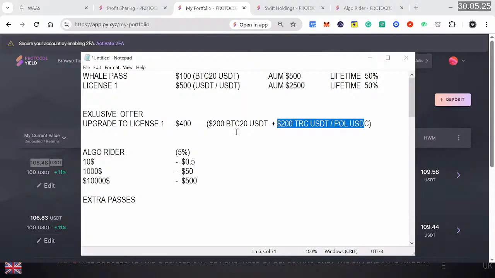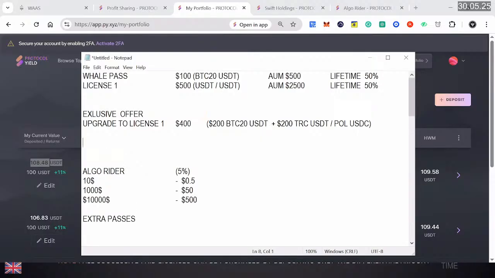So again, in spite of whale passes having ended, you still have an option to utilize your BTC20 assets, or for that reason, from your team, you can help your team encash BTC20 assets now. But this offer will be available exclusively from Wednesday.